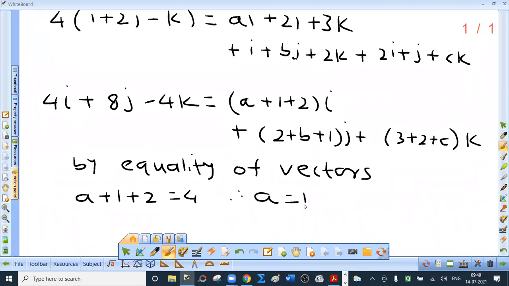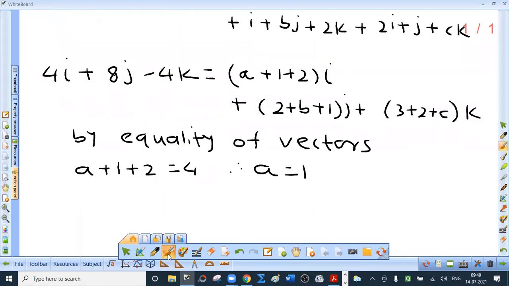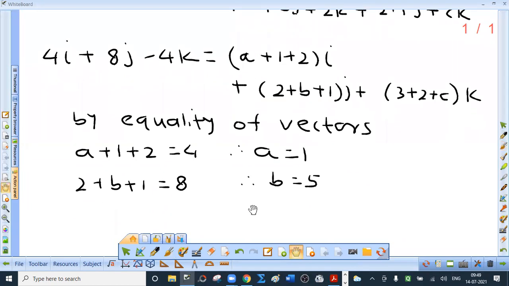Therefore, a is 1. Then 2 plus b plus 1 is 8. So b equal to 5. 8 minus 3. And 3 plus 2 plus c equal to minus 4. So what is c? Minus 9.